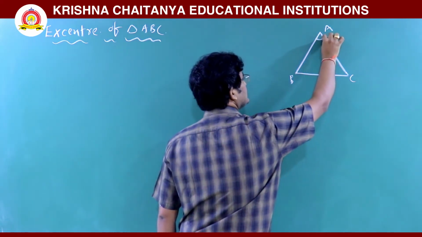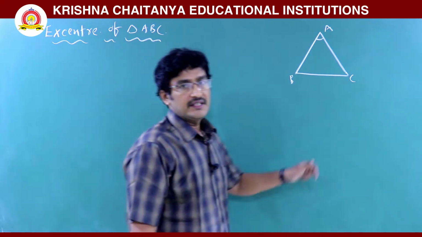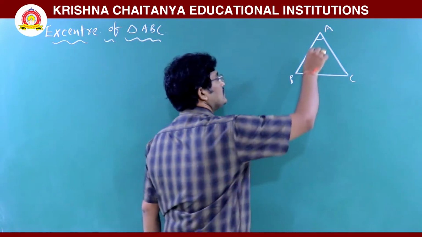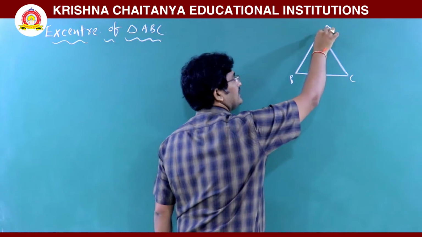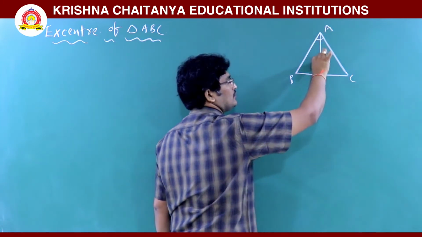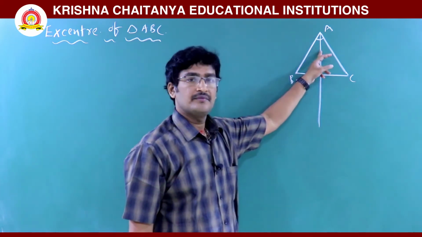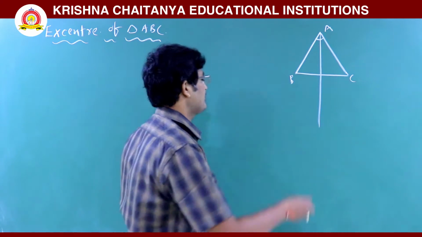This is the internal angle at A. The line that bisects the internal angle is called the internal angular bisector of A.